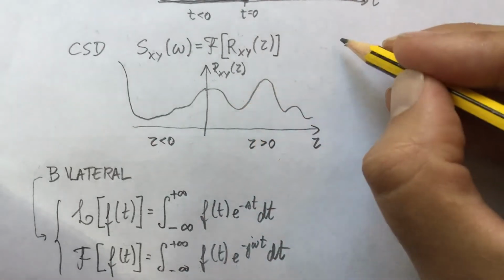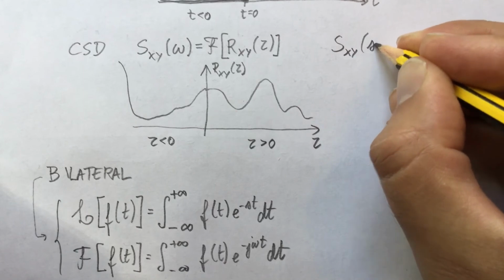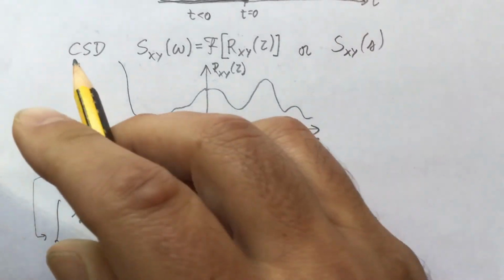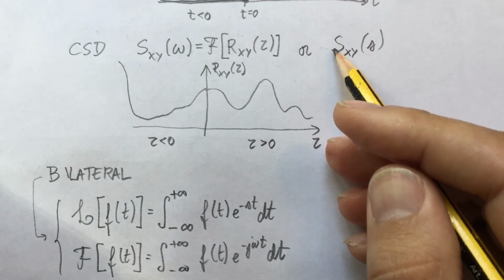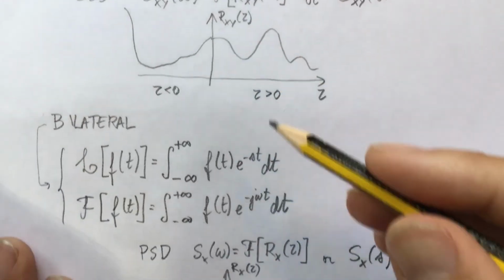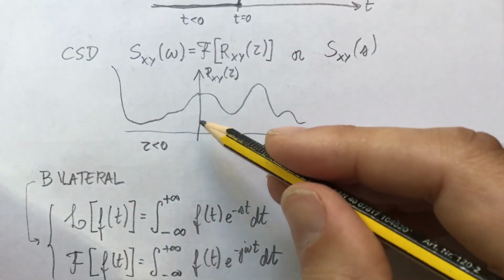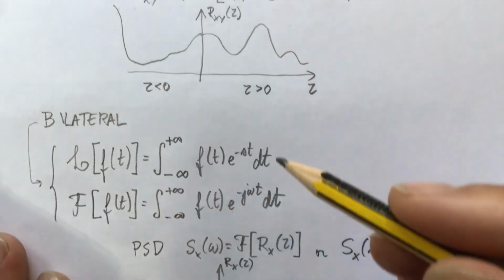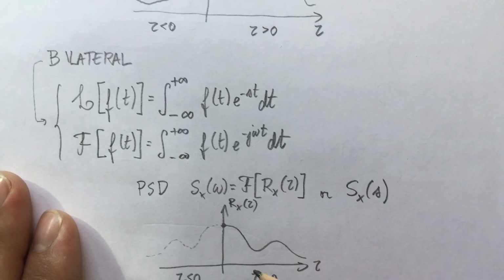And that is why, whether we use the Fourier or the Laplace transform to give the cross-spectral density, we always use the bilateral transform. And thus, since this is the general case and this is a particular case, and since in the general case we use the bilateral Laplace transform, we here use the bilateral transform as well.